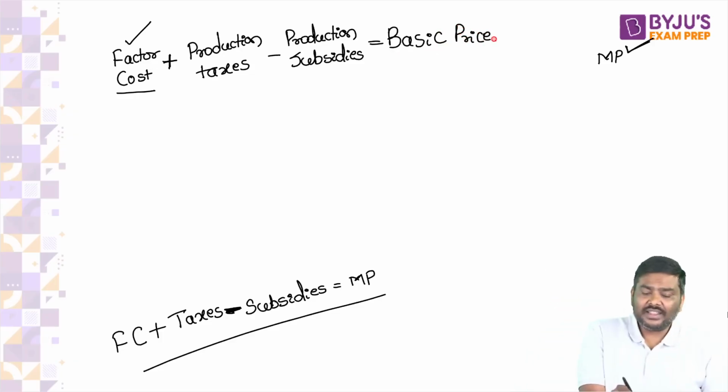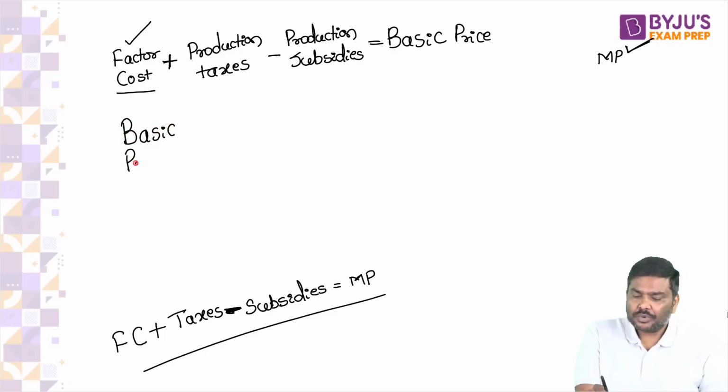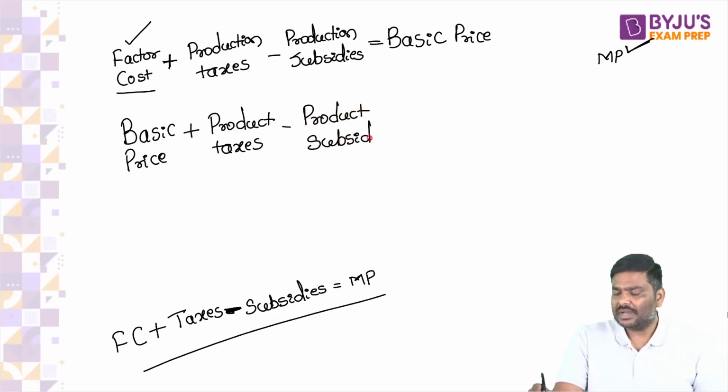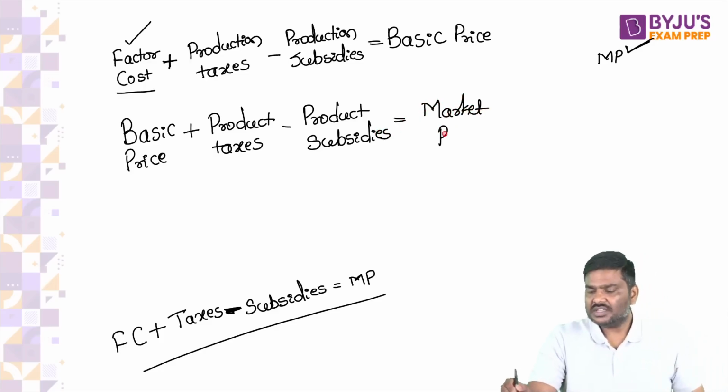Now they'll take this basic price, add product taxes and subtract product subsidies, and they'll simply say, using this, we will get market prices. This is formula 1. This is formula 2.